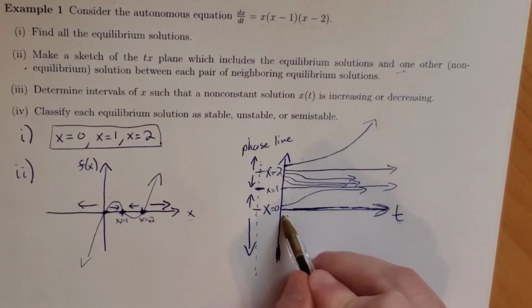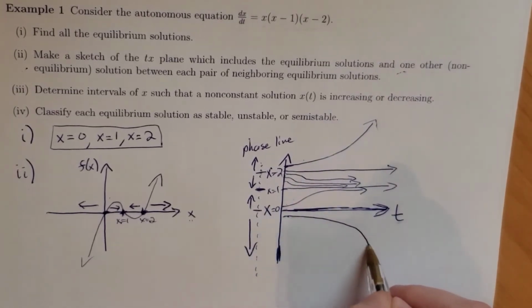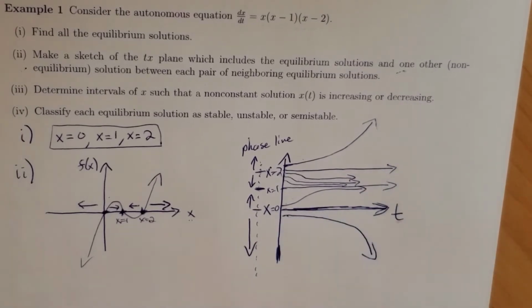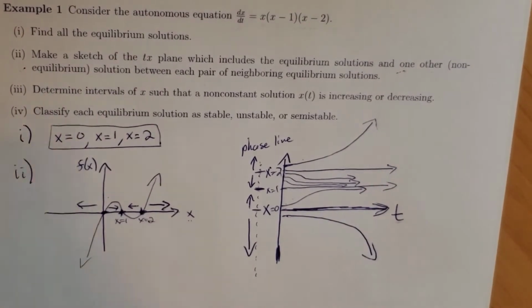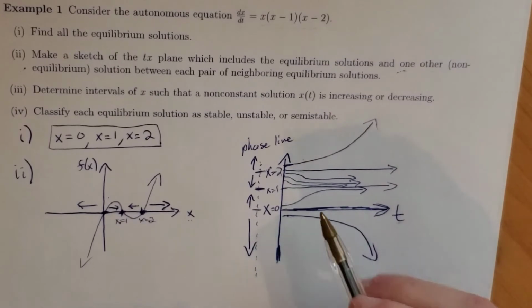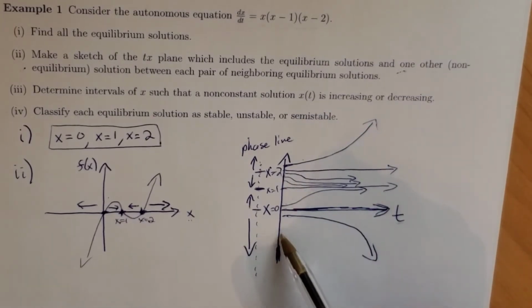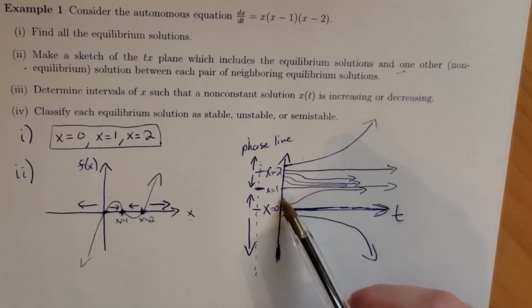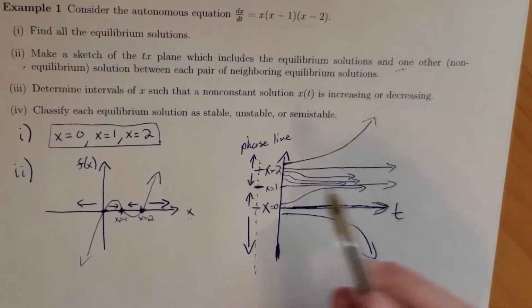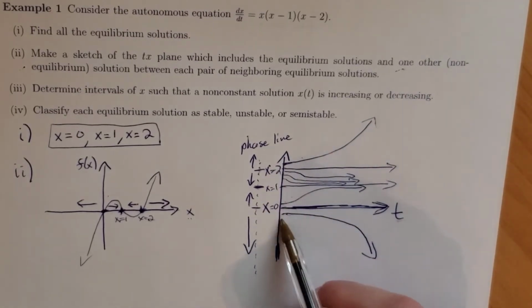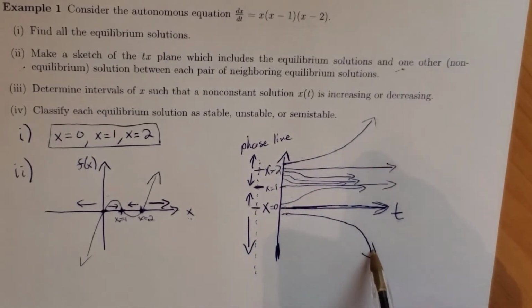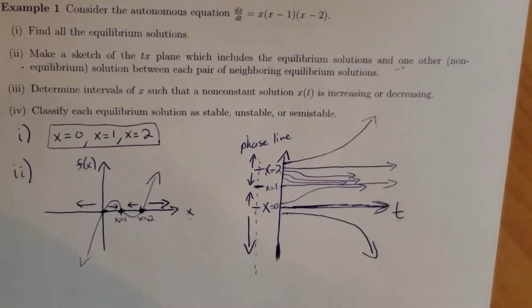And this is down, so this moves away. So if we have an initial value that places us in between each of these equilibrium solutions, this is roughly what that non-equilibrium solution will look like. And so now we've graphed part 2 that was asked about.